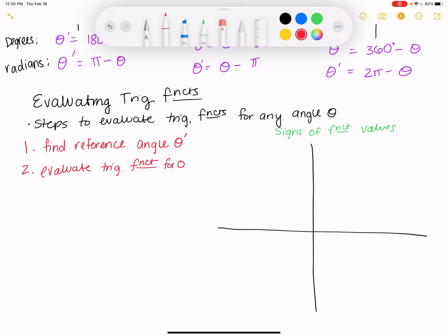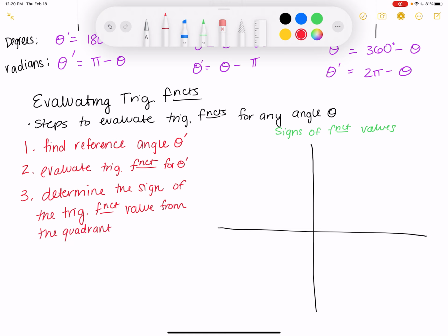For theta prime. And then the last step, determine the sign of the trig function value from the quadrant in which theta lies.